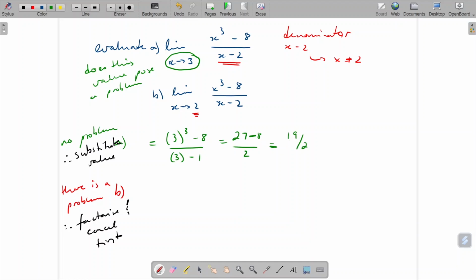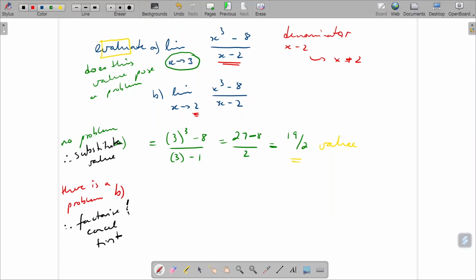And I'm sorted. And again, please notice that this is in fact a value, which therefore answers the question. You can actually see it in the question. It says evaluate, so it's telling you that it wants a value as an answer.